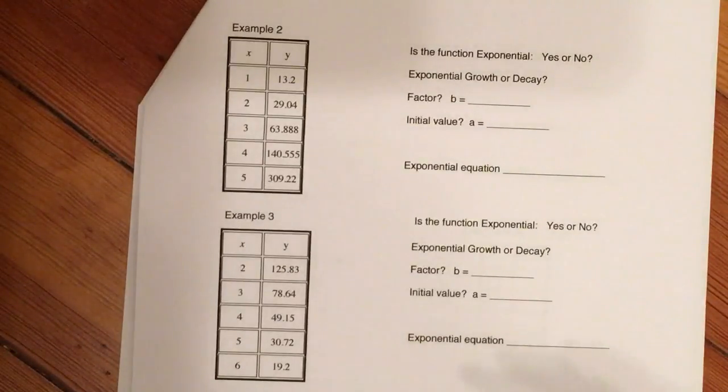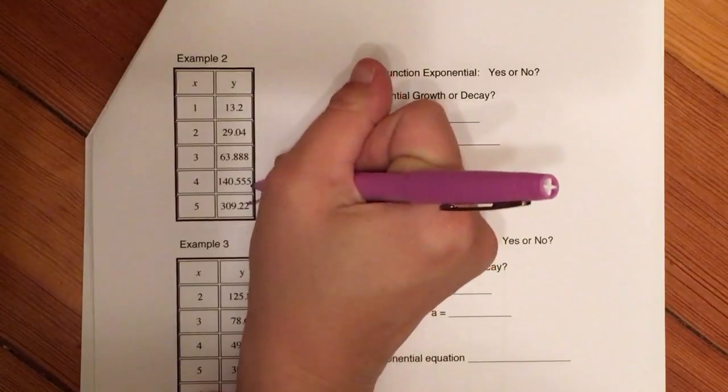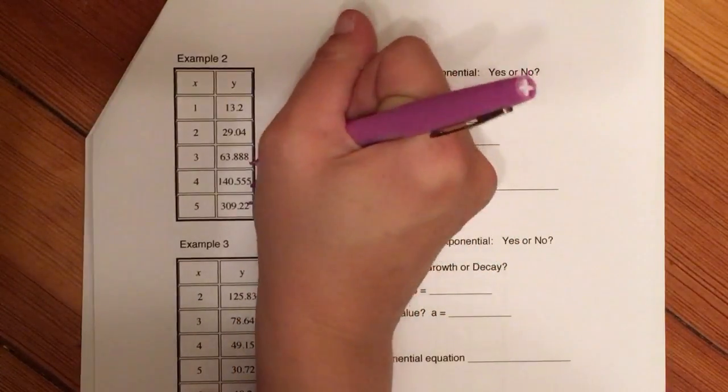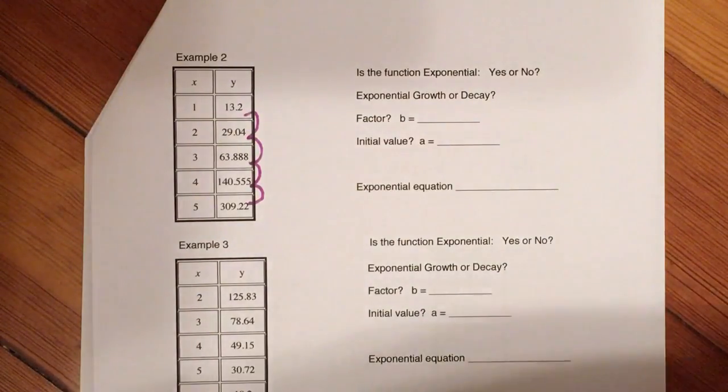Moving on to example 2. We need to decide if this function is exponential. Remember, the function is exponential if every time you divide up, you get the same number. So in this case, you are going to end up having to use a calculator.